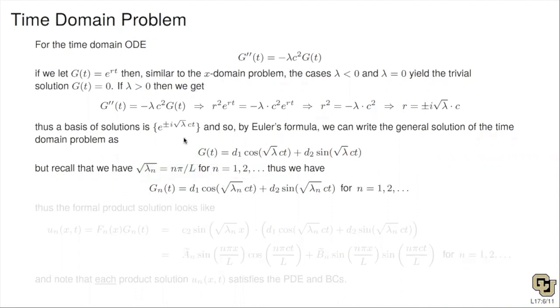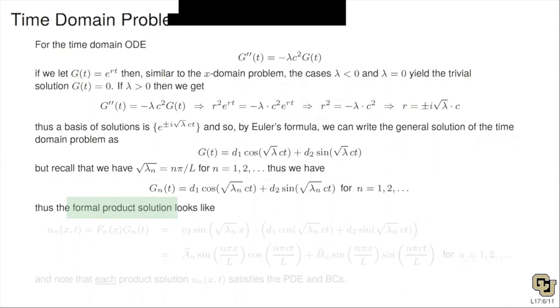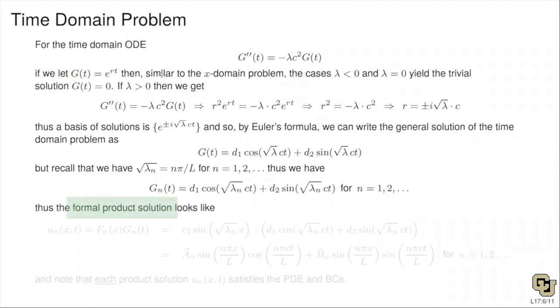And so now we can put together a product solution. Our separation of variables assumption is that U of x,t equals F times G, but now we have more than one F and more than one G, and they're coordinated by the eigenvalue.